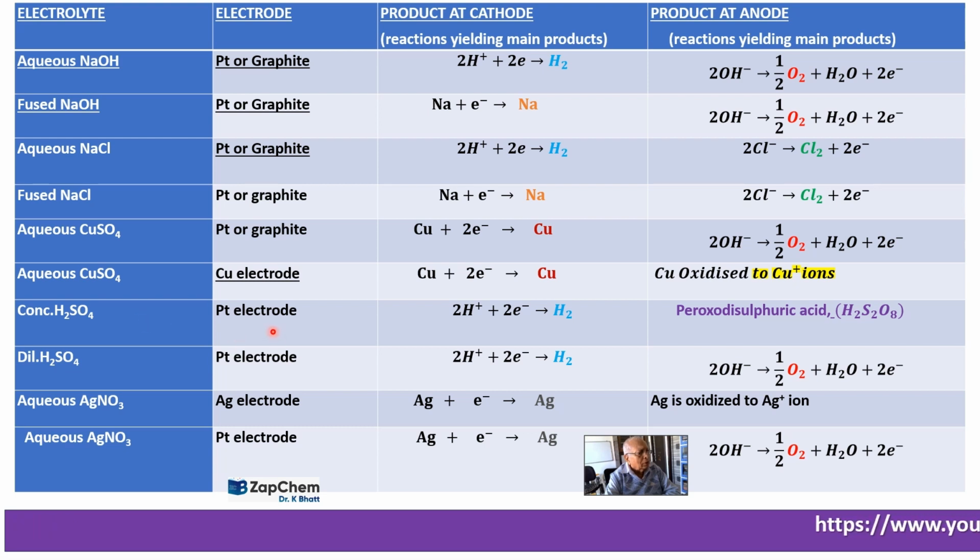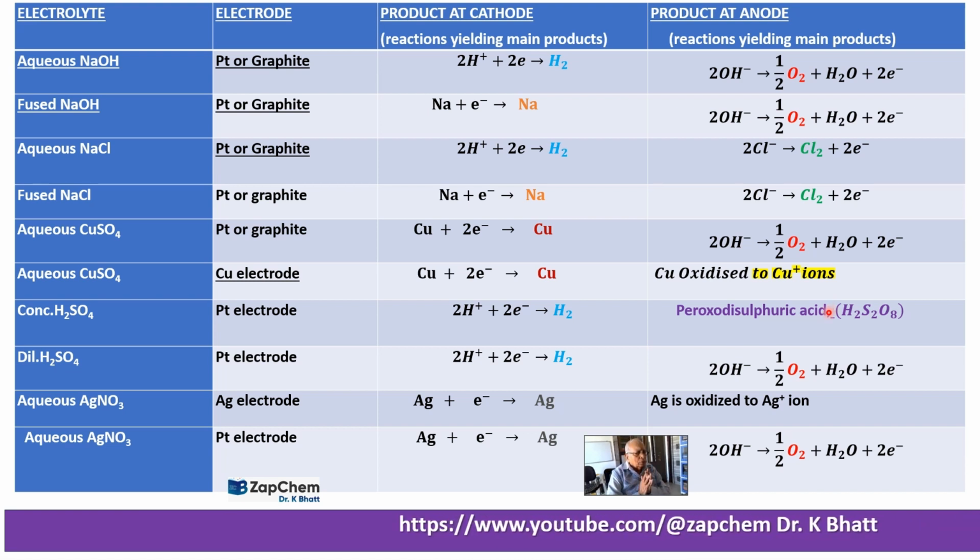When we use concentrated sulfuric acid using a platinum electrode, we get what is known as peroxidized sulfuric acid, H2S2O8. Well, these are the reactions which would be of much help to our students who have learned about electrolysis and electrolytic dissociation. Well, here I will not hesitate to point out that this is not the end.